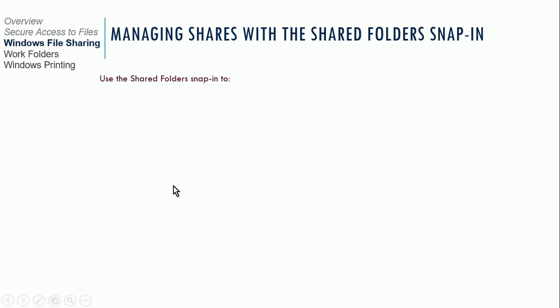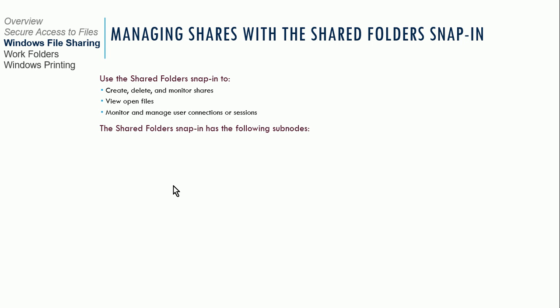So you can also manage shares using the Shared Folders snap-in to create, delete, and monitor shares. You can monitor and manage user connections or sessions. The Shared Folders snap-in has the following subnodes. You've got the Shares subnode, which allows you to show all of your shares and what their path is. So it's a good place to manage all these shares.